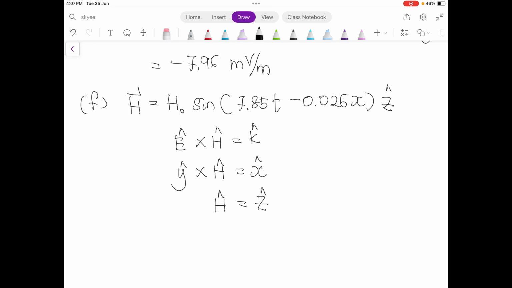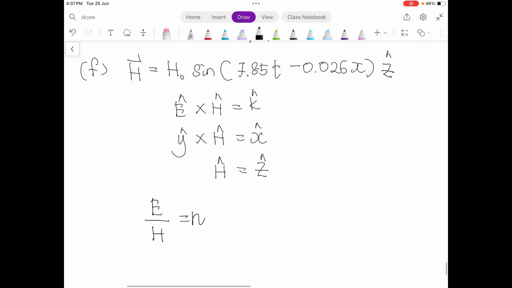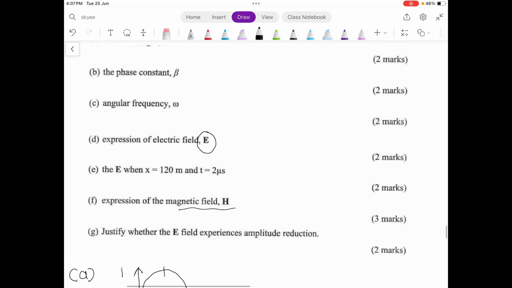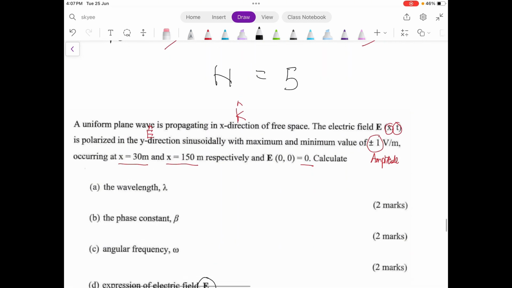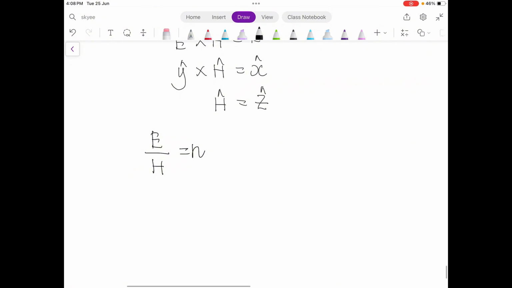Now the next one is the amplitude. The electric field magnitude over the magnetic field magnitude is equal to eta. Eta is the intrinsic impedance of the medium. If you look at this medium, it is free space. So for free space, eta is a fixed value, which is 377.